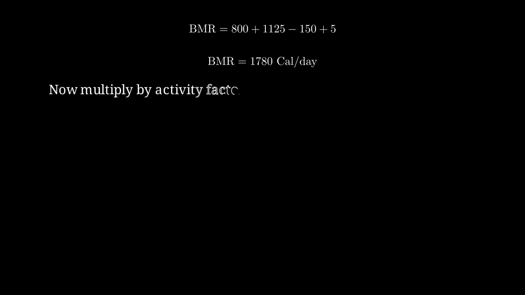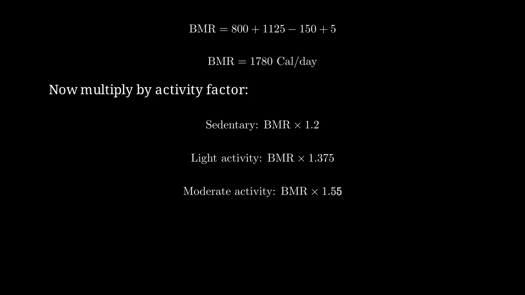Now we need to multiply by an activity factor to get TDEE. If sedentary with little or no exercise, multiply BMR by 1.2. If lightly active with exercise 1 to 3 days per week, multiply by 1.375. If moderately active with exercise 3 to 5 days per week, multiply by 1.55.